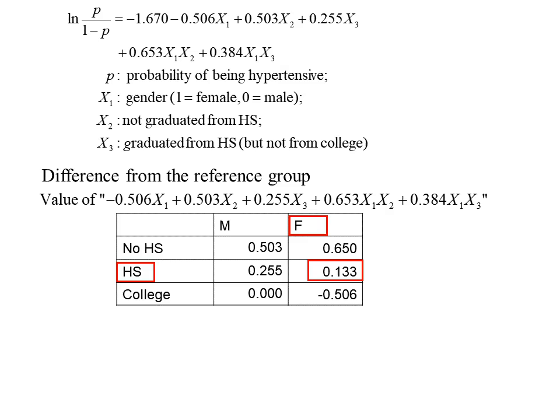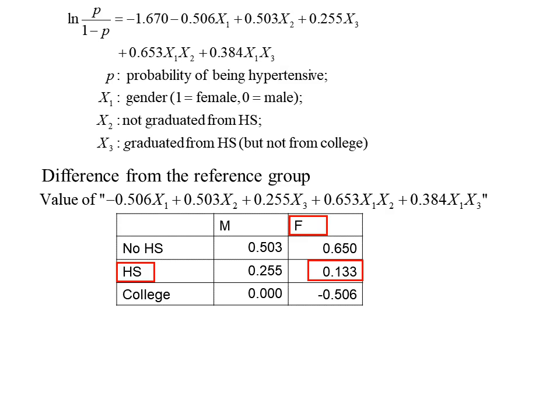For that group, x1, gender for females, equals 1, x2, not graduated from high school, equals 0, x3, graduated from high school, equals 1, and x1 times x2 equals 0 but x1 times x3 equals 1. Substituting these values into the 5-term summation, we get their total value of those 5 terms, which is -0.506 plus 0.255 plus 0.384 equals 0.133.